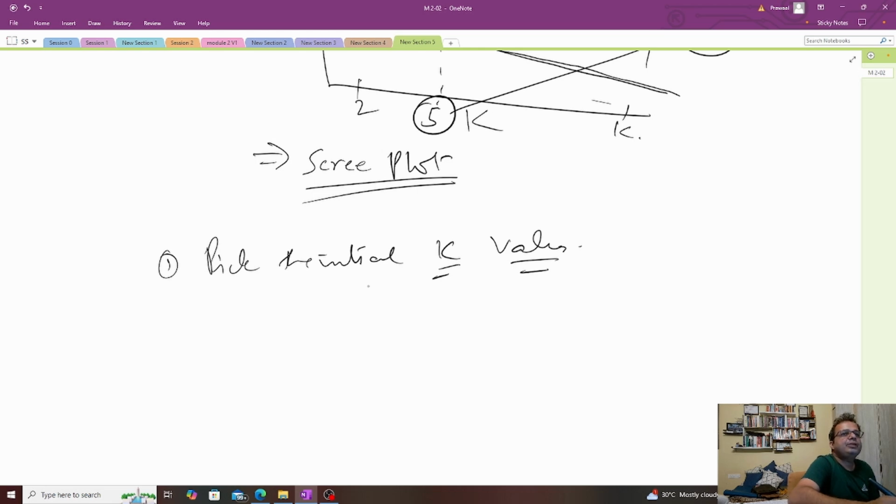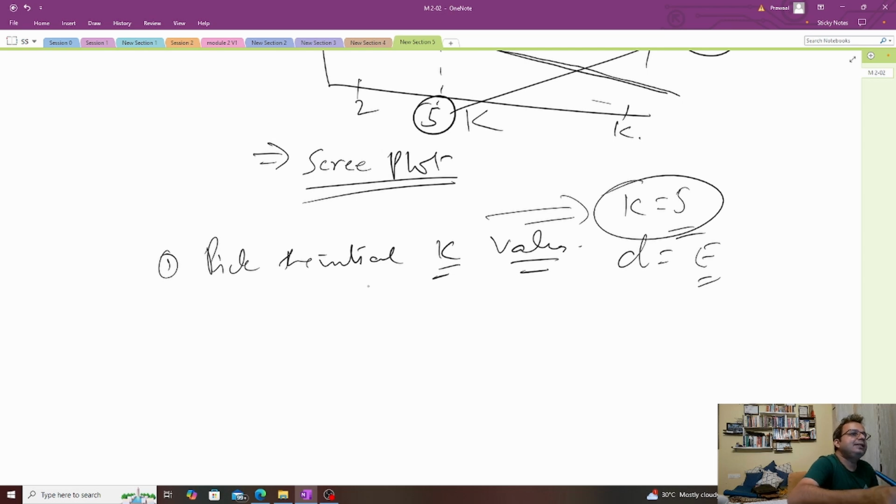So now we know how the value of k needs to be found. Let's suppose k is 5, and you also have a distance metric, let's suppose Euclidean distance. But then how do I pick these 5 values? Is it purely random, or can I do anything else to make sure that the clusters are better built?